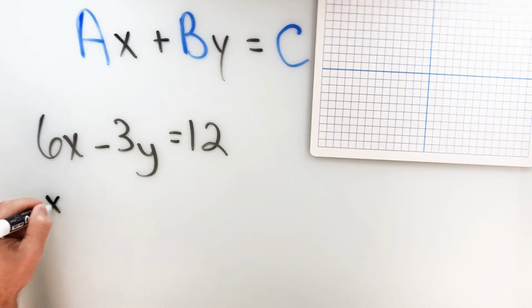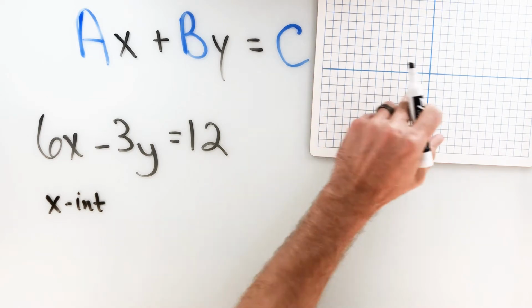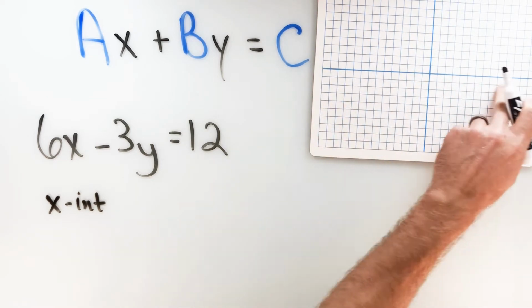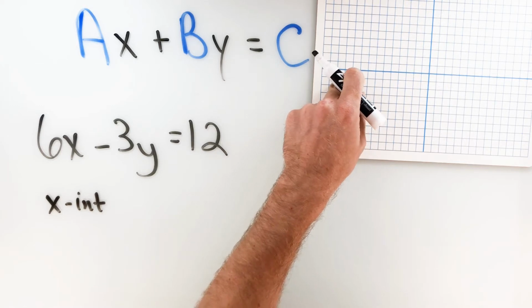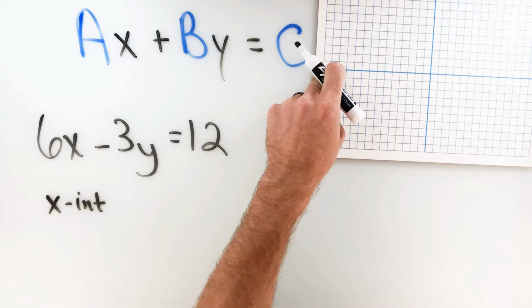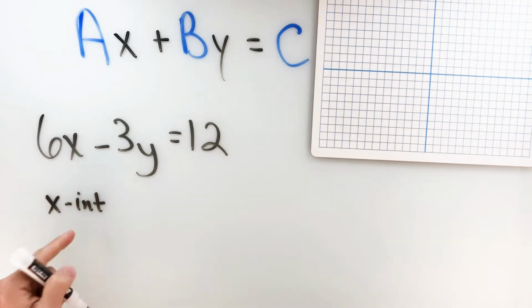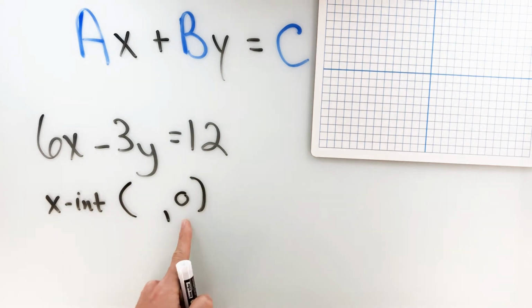If I look at the x-intercept, where the line crosses the x-axis, think about what the y value is for any point on the x-axis. My y value, my up and down, anywhere on the x-axis, is going to be 0. So my x-intercept is the point where the y-coordinate is 0.